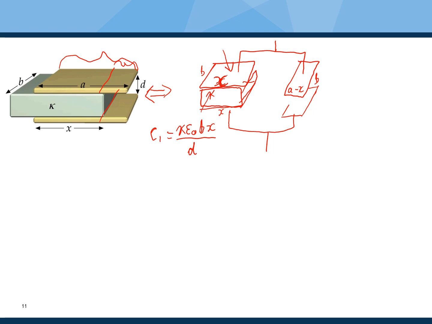And we have a second capacitor, and the plate area for this capacitor is just b times a minus x within brackets. So I obtain the capacitance C2 for the capacitor on the right as being equal to epsilon naught times b times a minus x, the whole thing in brackets, divided by d.